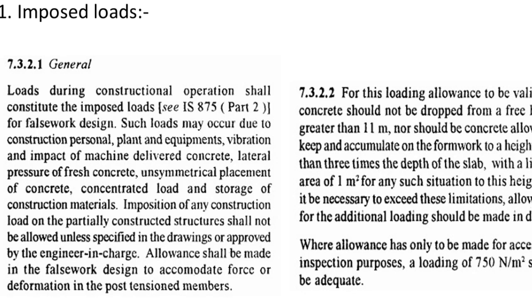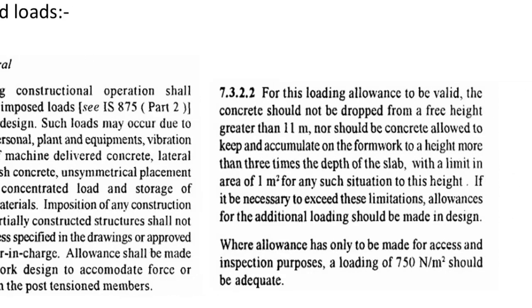That is why you need to plan the pour sequence to avoid any unsymmetrical placement of concrete, concentrated load and storage of construction material. But what is the value? It says where allowances are only to be made for access and inspection purposes, a loading of 750 newton per square meter should be adequate.